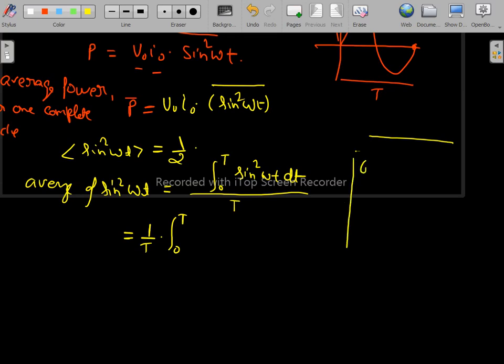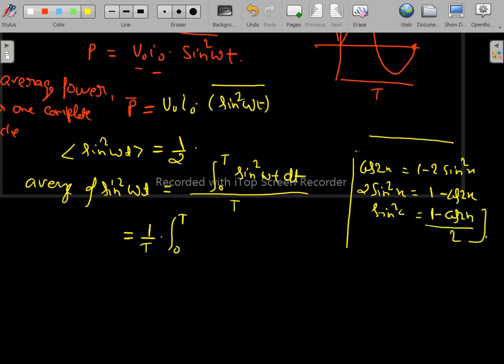Here we will use one of the trigonometrical formulas, cos 2x = 1 minus 2 sine square x. When you bring this toward the left side, this becomes 2 sine square x equals 1 minus cos 2x. Now sine square x will be equal to 1 minus cos 2x upon 2. Any problem?